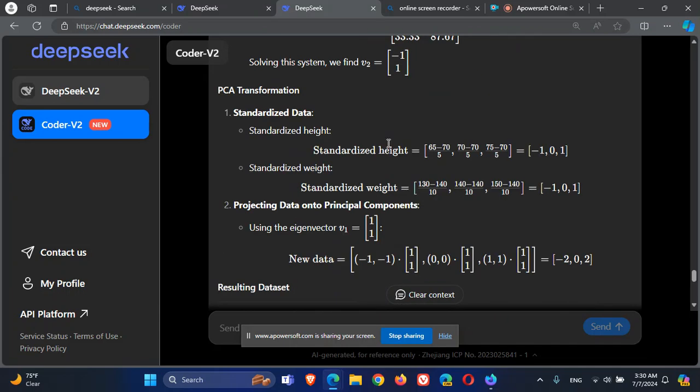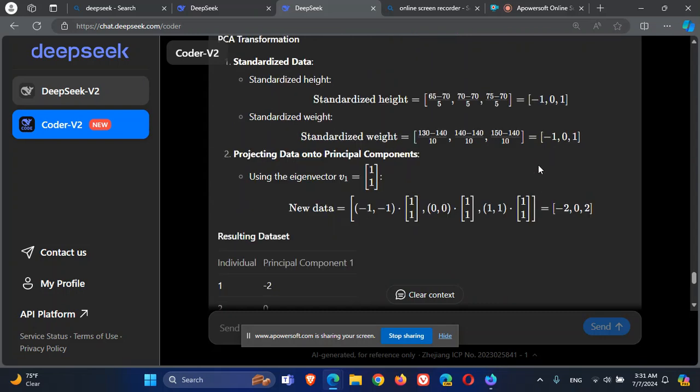Let's do the transformation. Again, we have the standardized data, the normalized data. We subtract the mean and divide by the standard deviation for each value, height and weight, to get the normalized data. And now we project the data onto the new axis, onto the first principal component. So we take -1 and -1 and project it onto the eigenvector by doing a scalar multiplication.